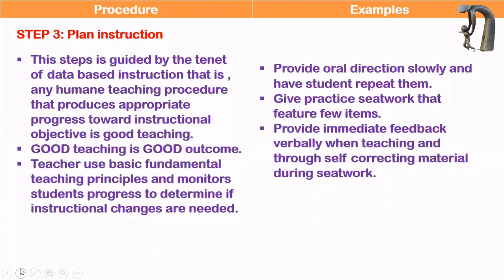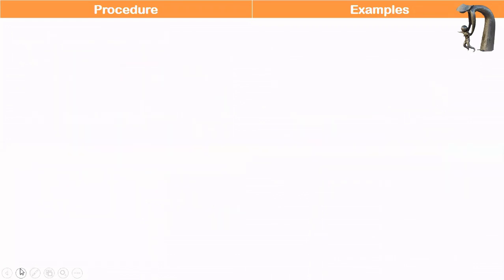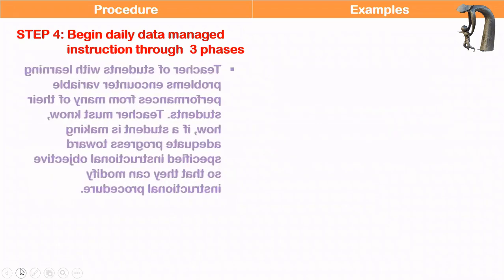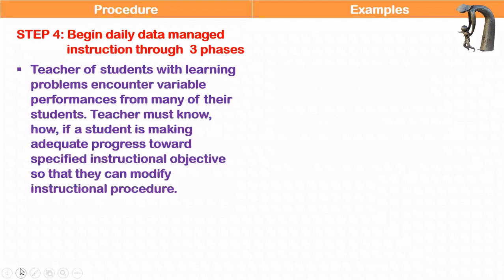So make sure that you give a lot of exposure to the children with learning disability. And the fourth step is about beginning daily data-based instruction through three phases. We are going to discuss these three phases and understand them. But before that, see, teachers of students with learning problems encounter variable performance from many of their students.